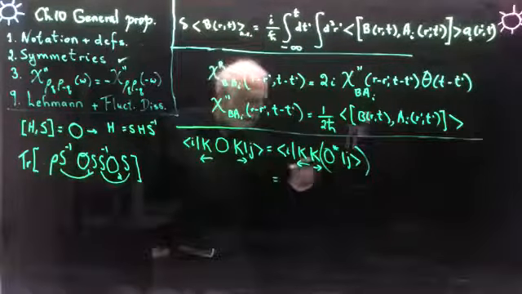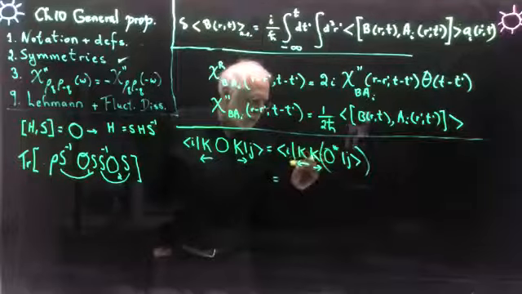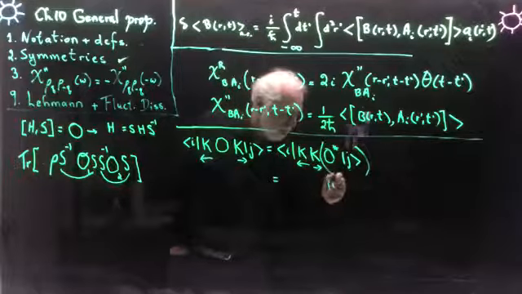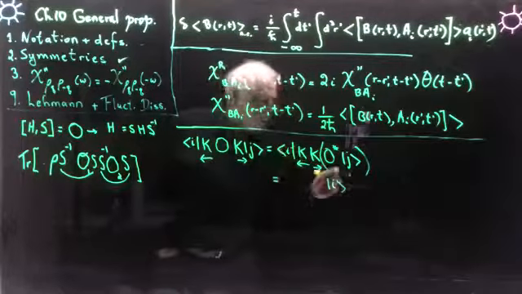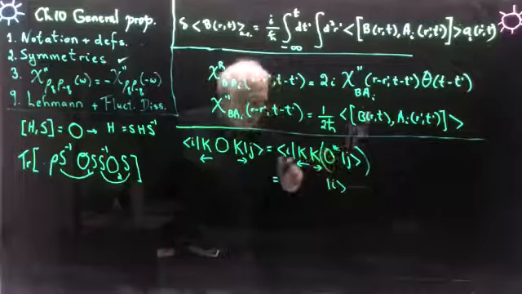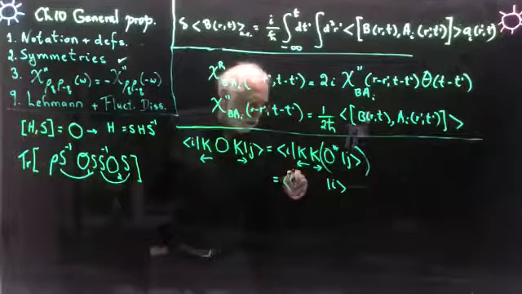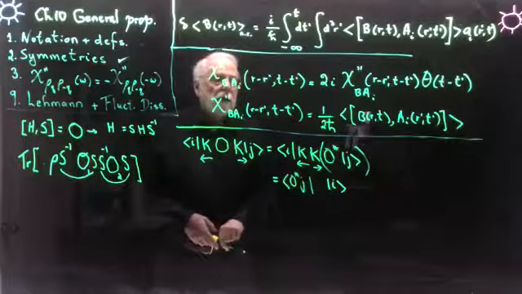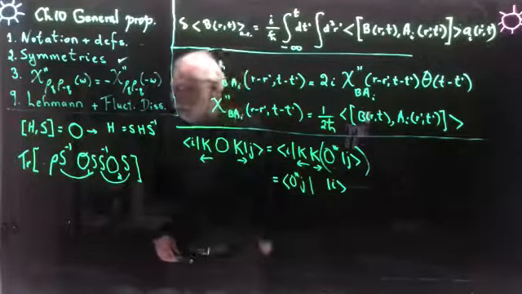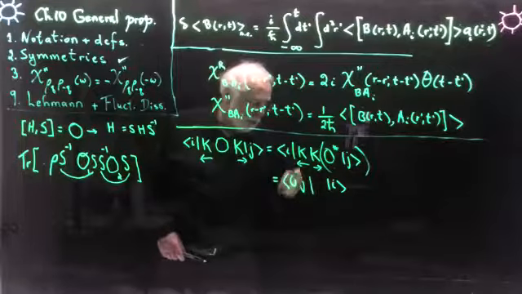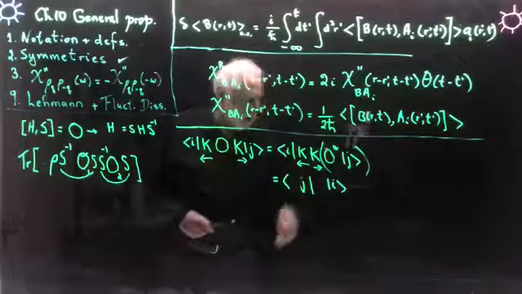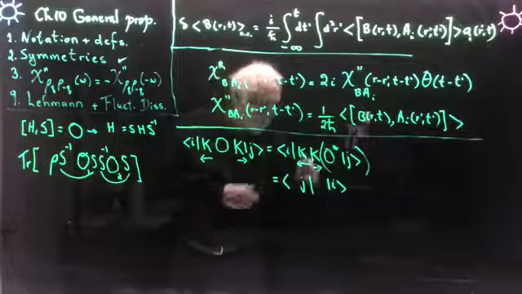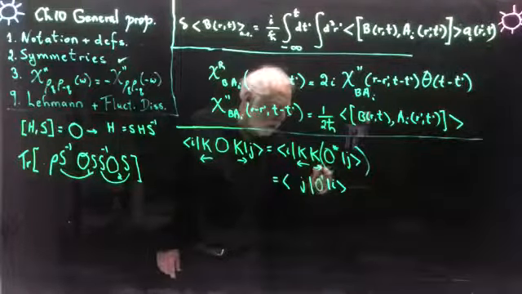Since I was already complex conjugated, this bra becomes a ket, and this ket becomes a bra. So O star J. Using the definition of the adjoint, this becomes O dagger star.